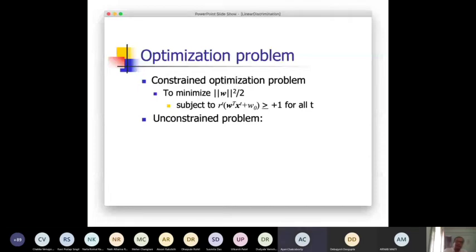Norm is also a convex function, right? But in the norm there is a square root operation.